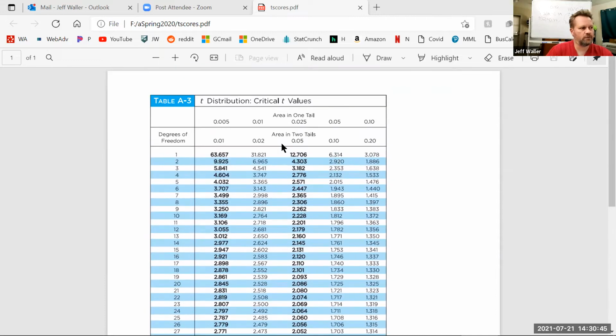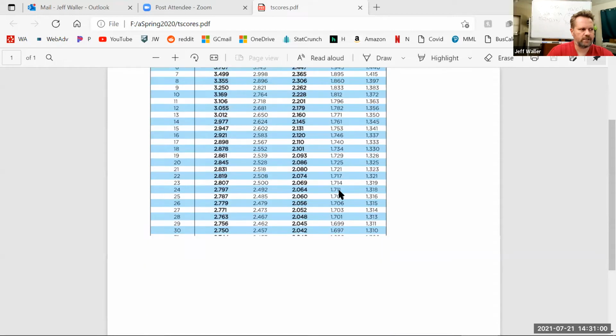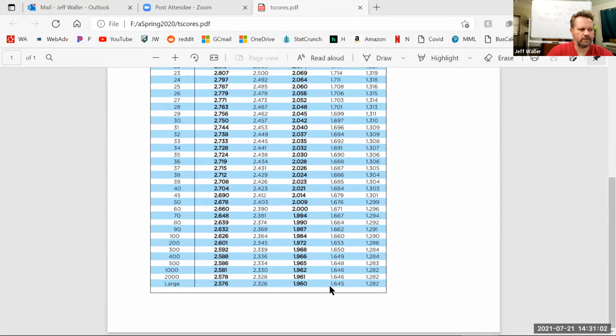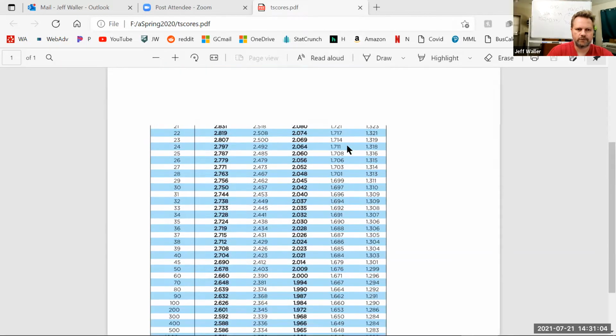That's why this is so beautiful for hypothesis tests, because you have an alpha value. So if it's 0.05, it could be one of these. It's a two-tail test, so it's got to be this one. If it was a one-tail test, I would have looked here, and then you would have gotten 1.645, right?